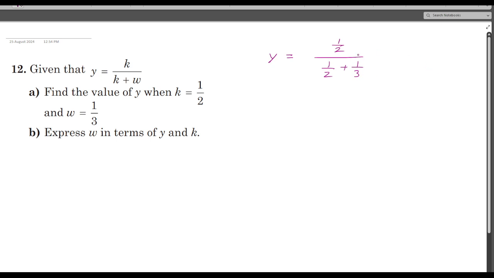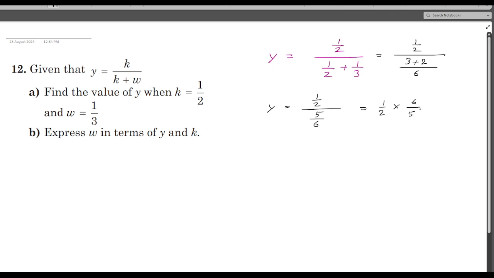Okay. So let us first simplify the denominator. Your numerator is 1 by 2, keep as it is. Your denominator is 3 plus 2 whole divided by 2 times 3, which is 6. So your y is 1 divided by 2 whole divided by 5 divided by 6. So this you can write as 1 divided by 2 into, now I will multiply by the reciprocal of this 5 by 6, which is 6 by 5.